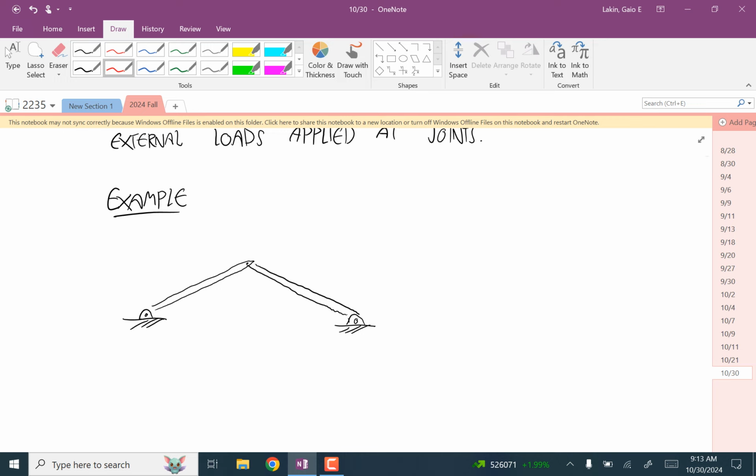The lengths of the members are 1 meter. The angles that these make with the horizontal is 20 degrees. And let's say we have a 1,000 Newton horizontal external load applied at this pin.